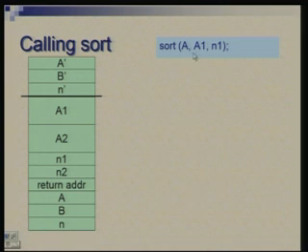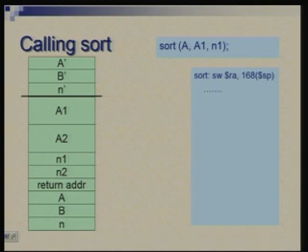So, now in this recursive call, the parameters being passed are A1 and N1. So, these three parameters which I am labeling as A prime, B prime and N prime would get these values: address of A, address of A1 and the value N1, and let us see how this is done. So, I am showing the first statement of the sort function which will save the return address.